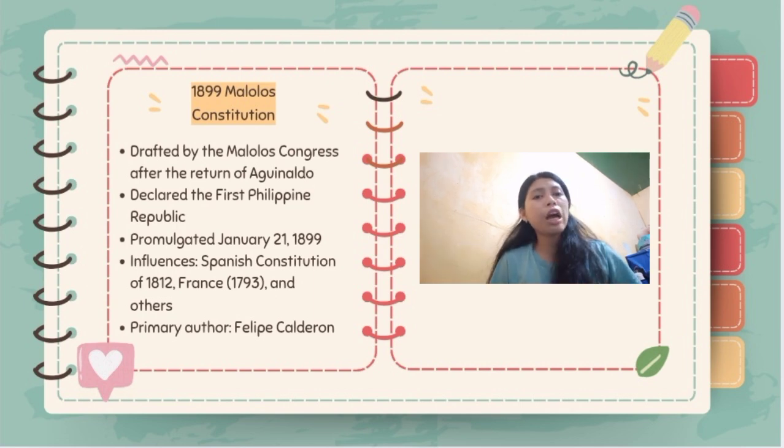After winning independence from Spain, the Filipinos elected representatives to the Malolos Congress. This was the group of leaders that met in the town of Malolos, Bulacan, to create a government for the new republic.